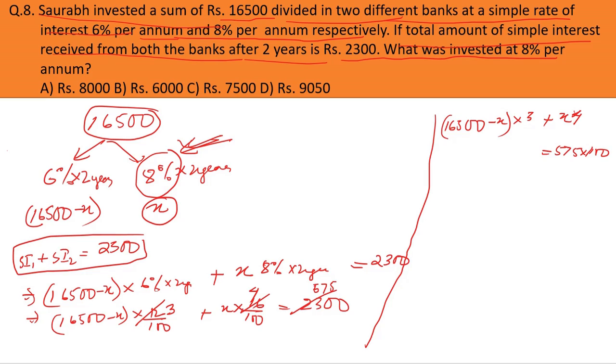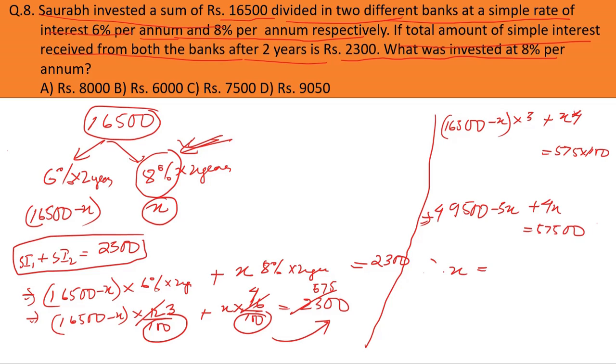Here I transfer these two hundreds to this side, so the remaining is 3 5 is 15, 3 6 is 18, 3 1 is 3, 49500 minus 3X plus 4X equal to 57500. Therefore X is equal to 8000. So our amount invested at 8% is rupees 8,000. So option A is our correct option.